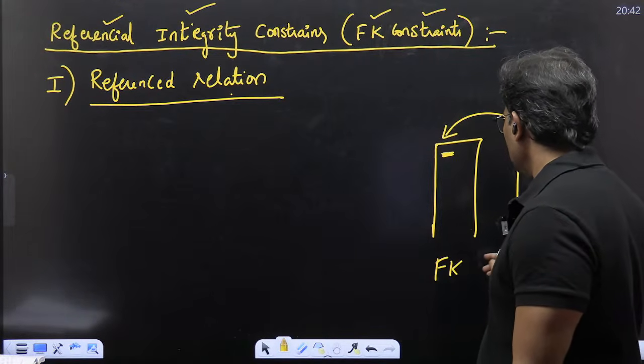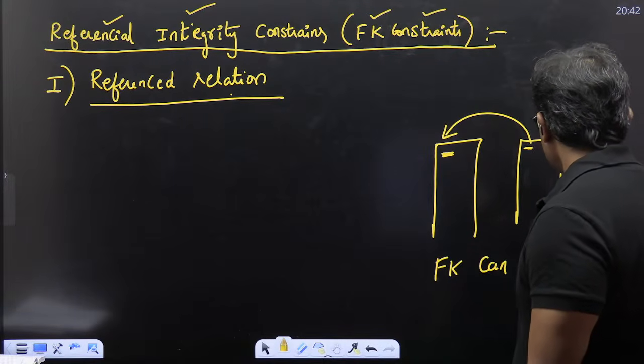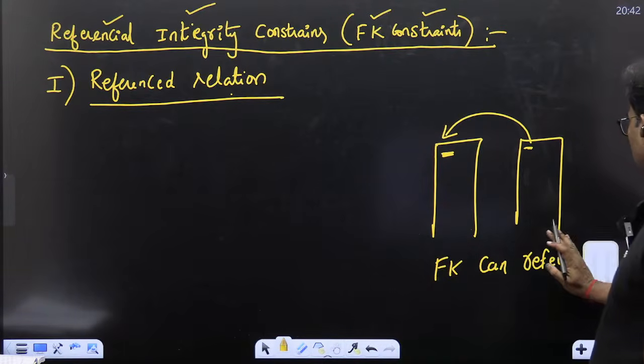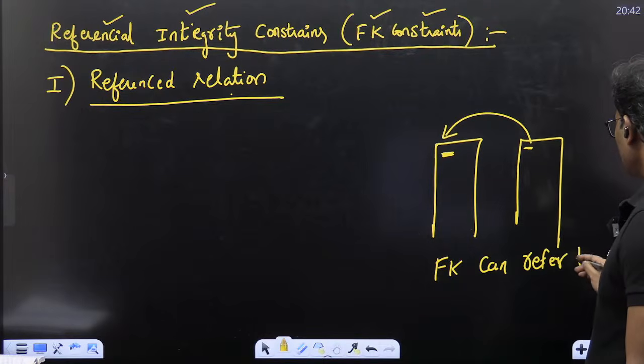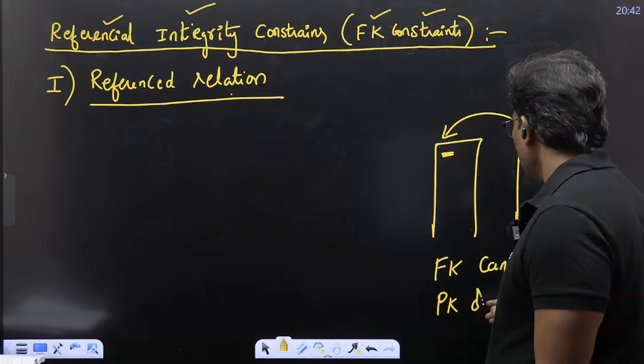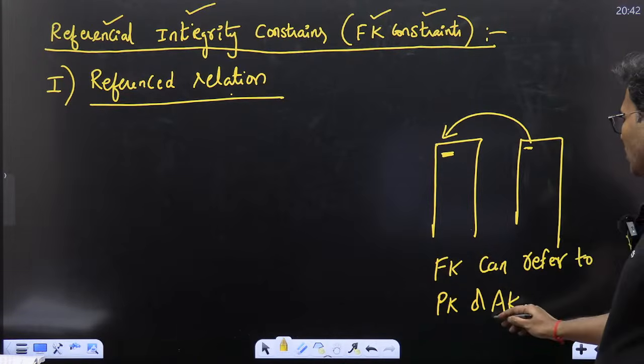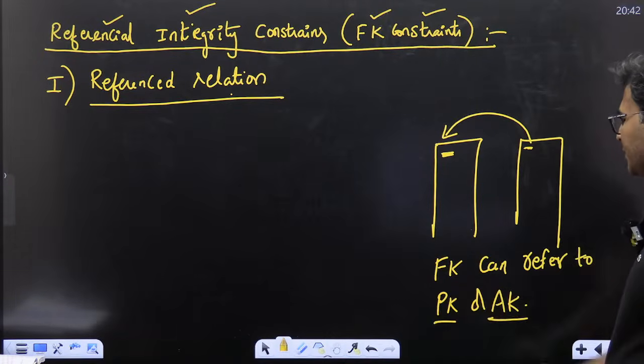Foreign key can refer to primary key or alternate key. I hope you remember what is an alternate key and what is a primary key.